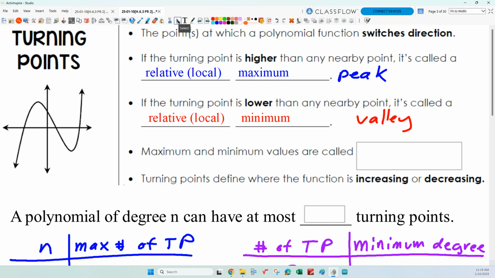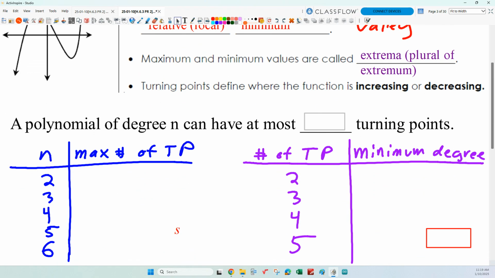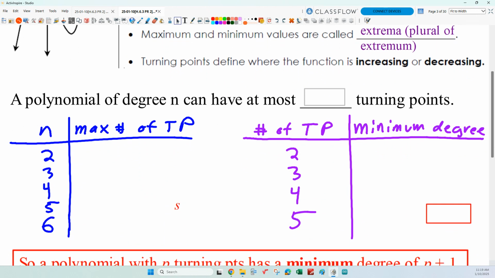Taken together, a maximum or a minimum is an extremum, and the plural would be extrema. So turning points define the places where a function is increasing or decreasing. They're boundaries between increasing and decreasing behavior. All right, so what do you think here?